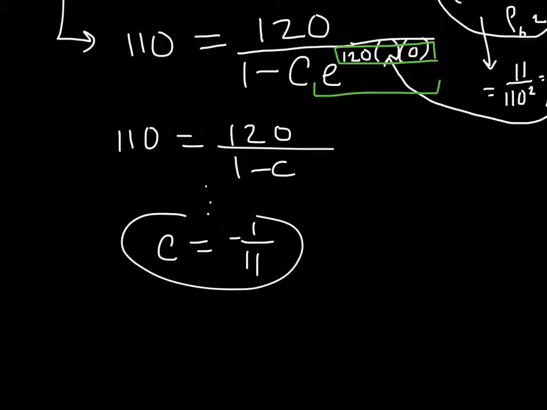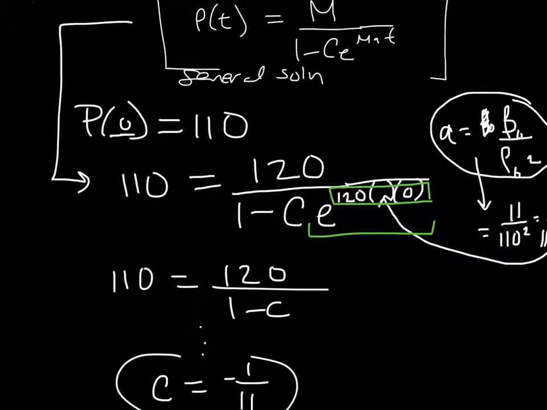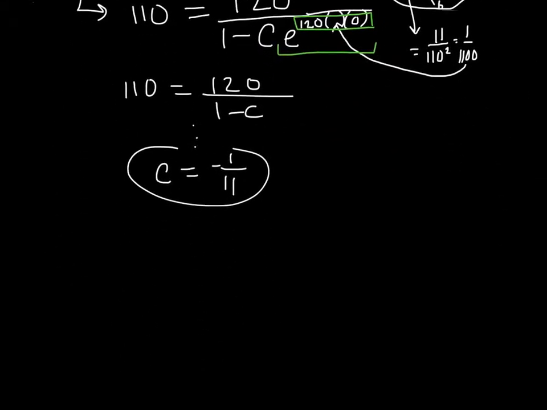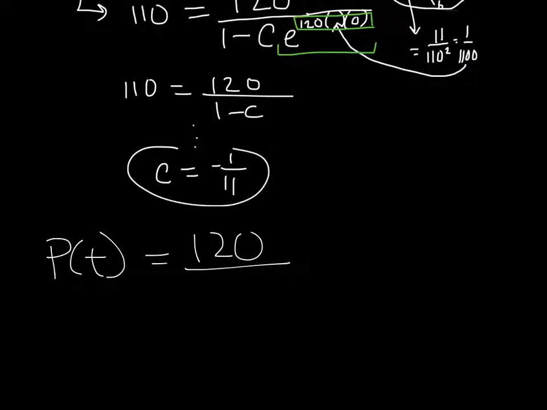Okay, so why was this C important? Well, it was important because according to our model, we need that C in order to do anything with the population. So we have P of t, which is equal to 120, or M, and then I have 1 minus C, but my C is negative 1/11, so it's really 1 plus 1 over 11 e to the negative M times A times t.